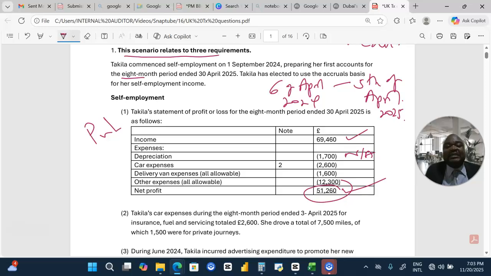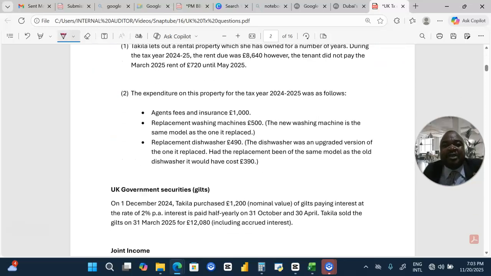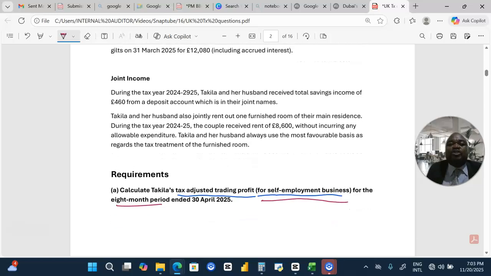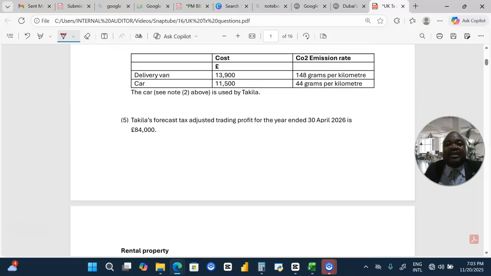The examiner explicitly said that you are going to prepare for the 8 months. You need to compute the tax adjusted trading profit for self-employment business for the 8-month period, not 7 months, 8 months. Be careful there, be careful.